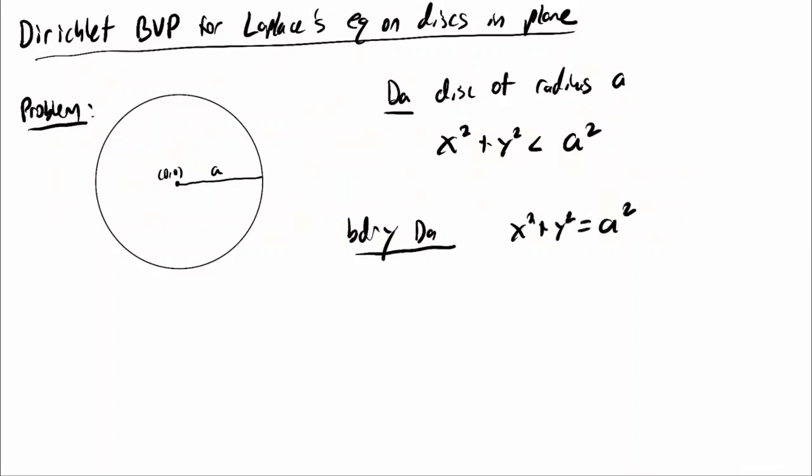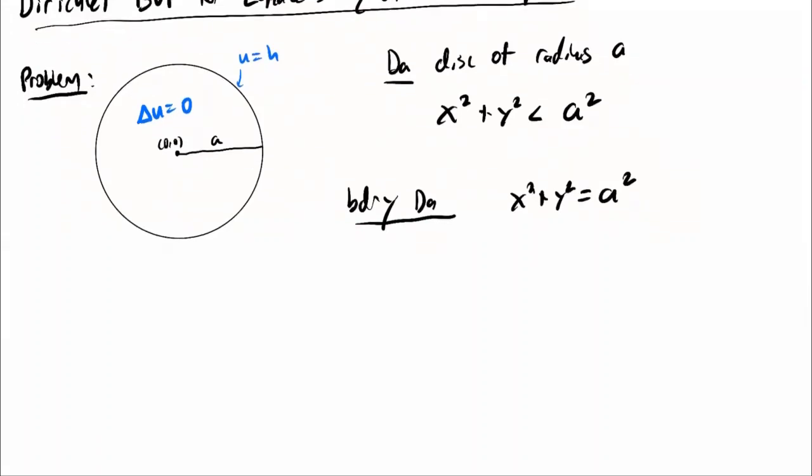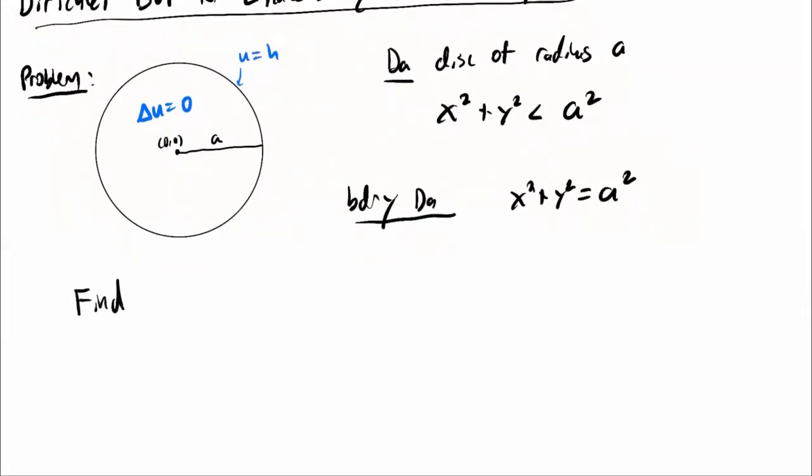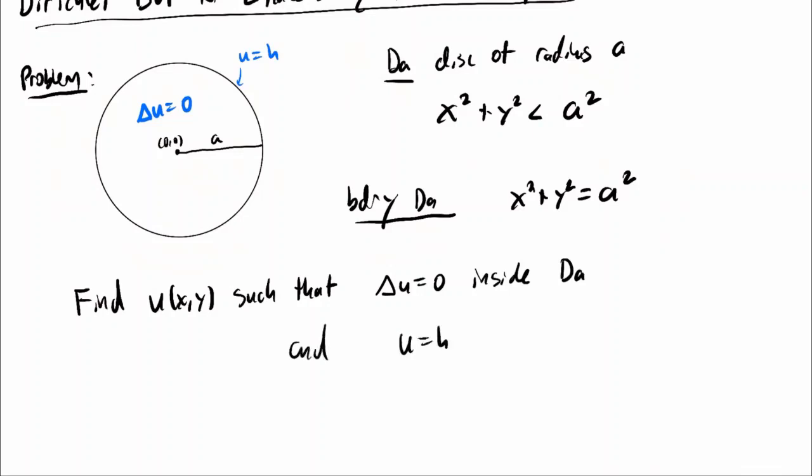Right, and so what we're going to do is look for a function u such that the Laplacian of u is equal to 0 inside the disk, and on the boundary of the disk, u is equal to h, some function h, which is given, right? So we want to find a function u of x, y such that the Laplacian of u is equal to 0 inside the domain D_A, and such that u is equal to a given function h on the boundary.